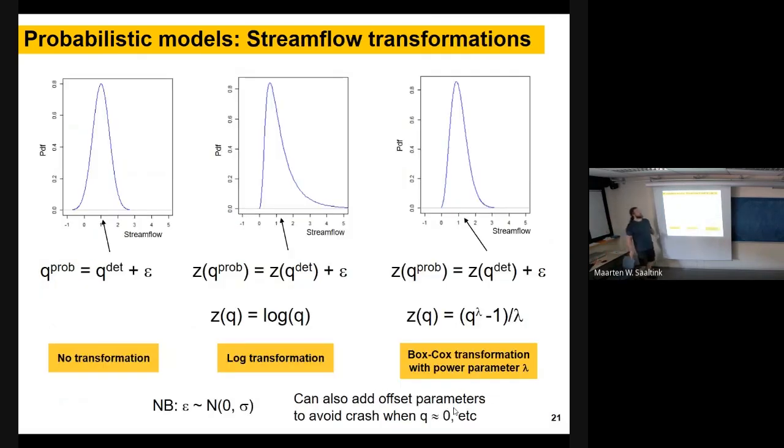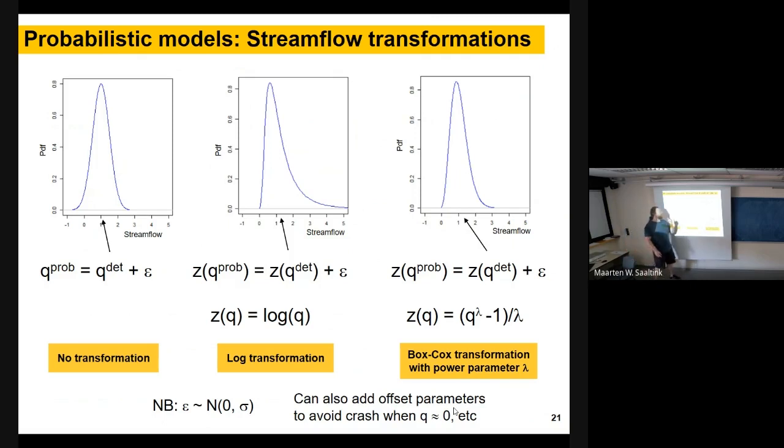Another interesting question is the choice of the parameter of the streamflow transformation. If we just assume that the errors are Gaussian, we have this predicted distribution at one time step. So this is to say the streamflow and the probability of that streamflow. This is just a Gaussian. In reality, this is not a very good approach.